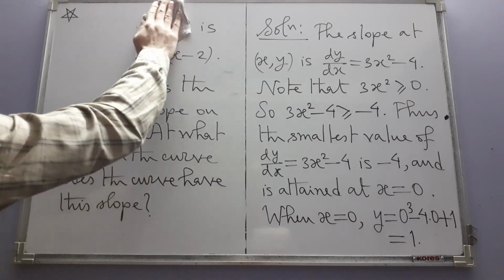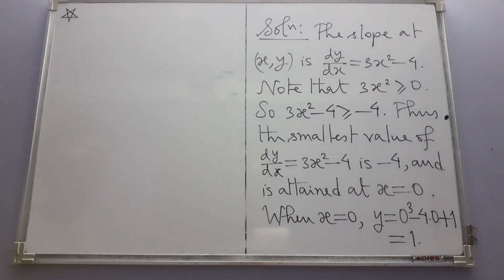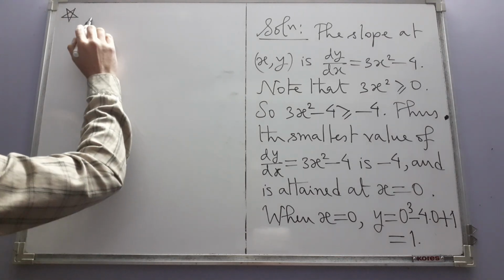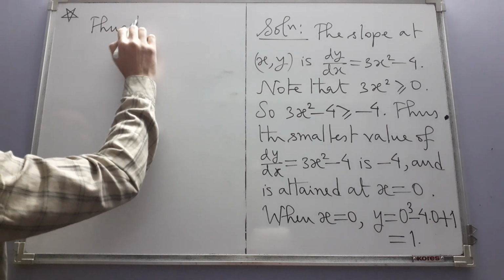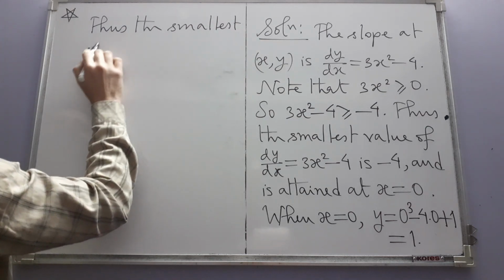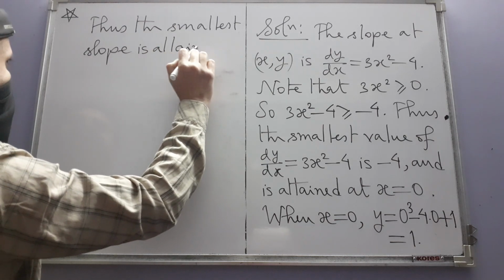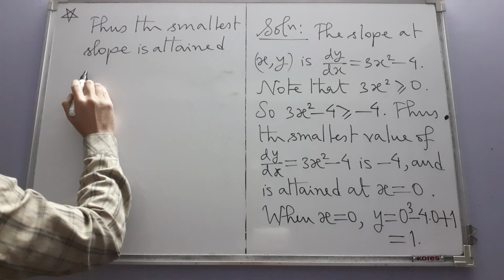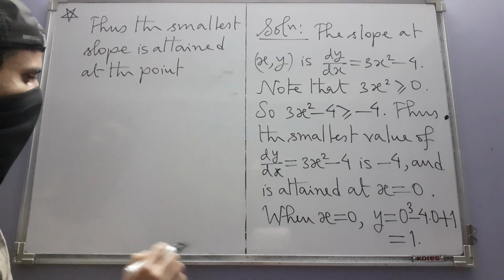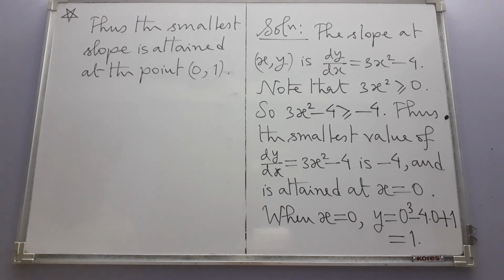You can complete this part B by writing, thus the smallest slope is attained at the point (0, 1). And then there is a part C also.